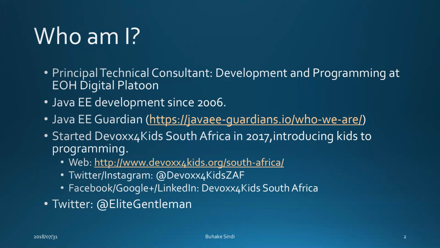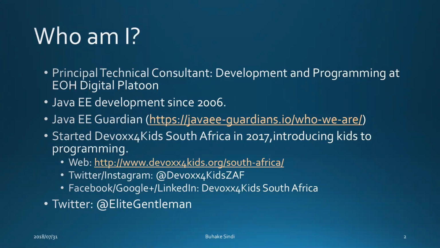First, let me introduce myself. My name is Bohake. My name is right at the bottom of the slides. According to the platoon, I'm a principal technical consultant, development and programming.